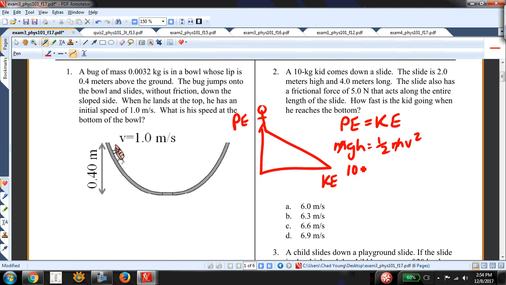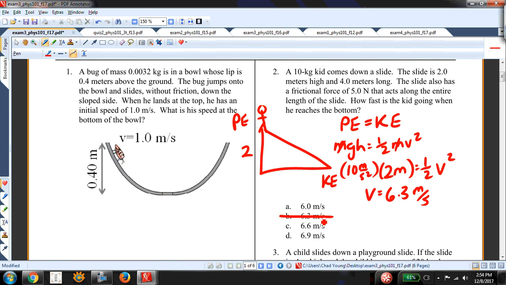And then that's going to be 10 meters per second squared times the height. It's 2 meters high. Equals 1/2 v squared. That's 20, 40, square root of 40. If there was no friction, the speed would be 6.3 meters per second.